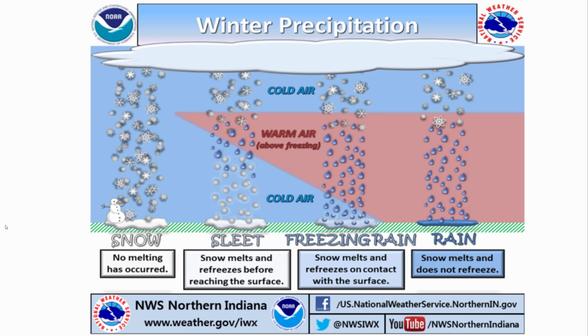And so I found this interesting figure from the National Weather Service of Northern Indiana. They were just illustrating that sleet is when snow falls through a layer of warmer air, which causes it to melt. But then as the melted snow goes back down through another colder layer, it freezes again.